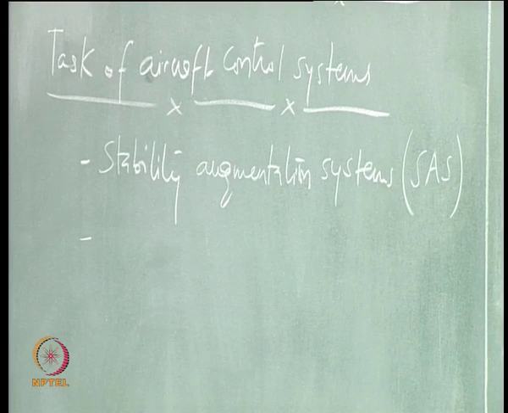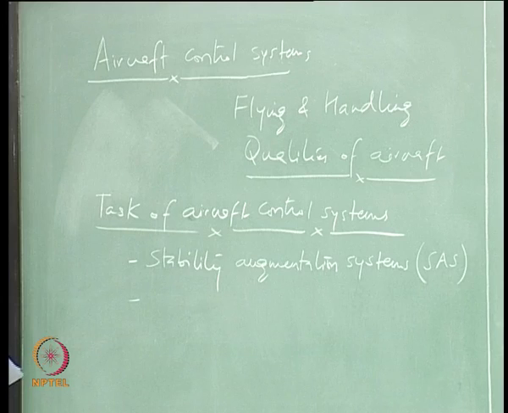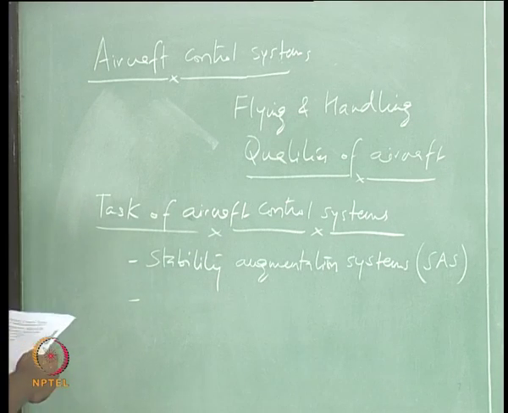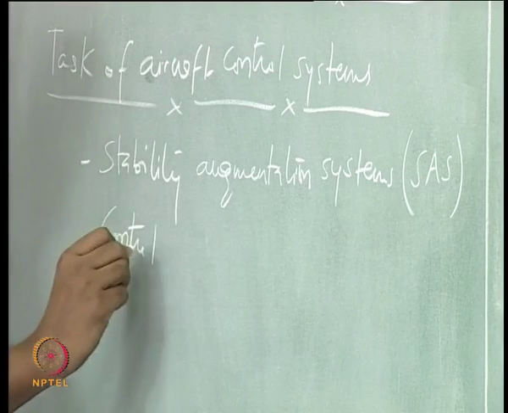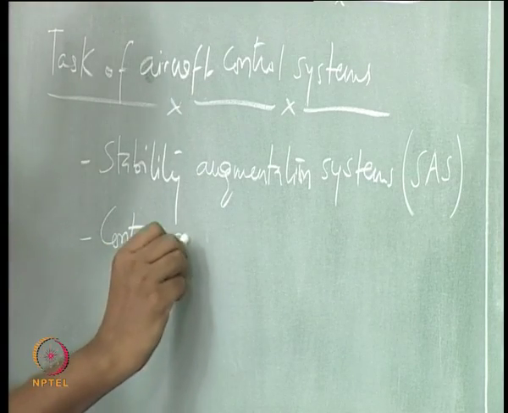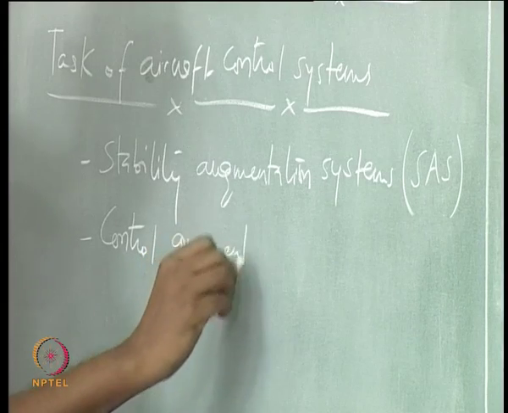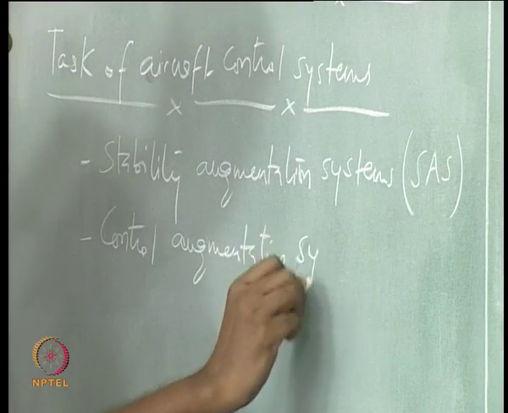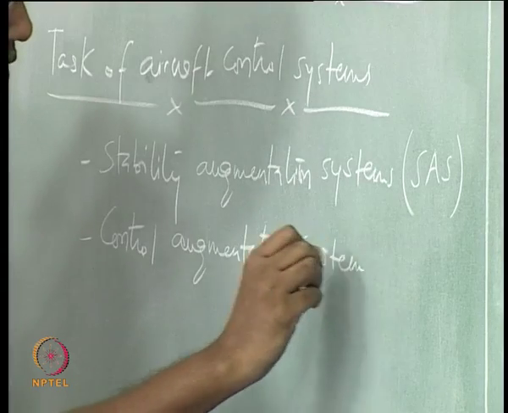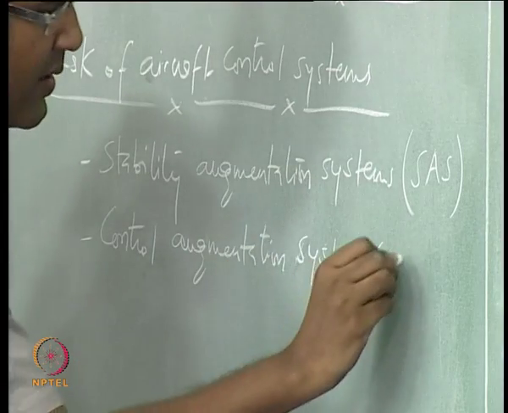Okay. The other type of control task is to augment the control system itself, and those control systems are called control augmentation systems.